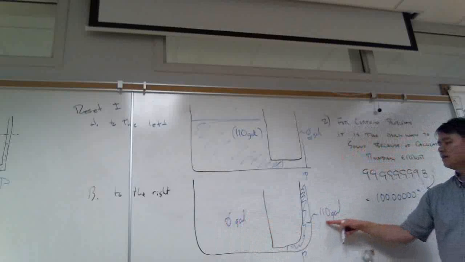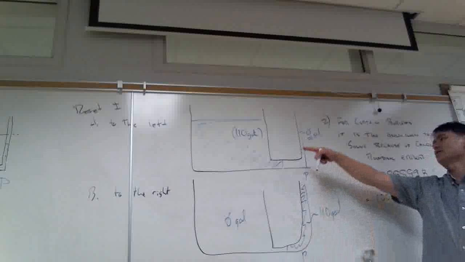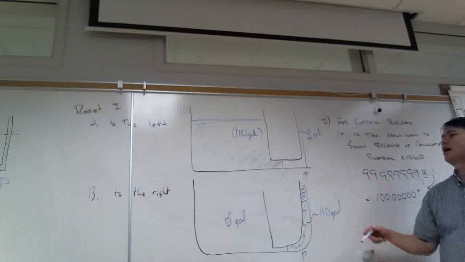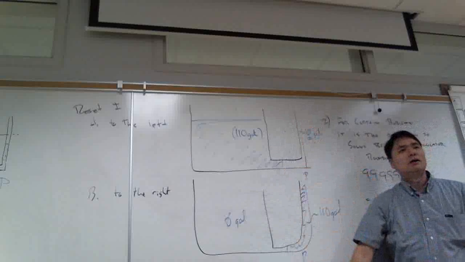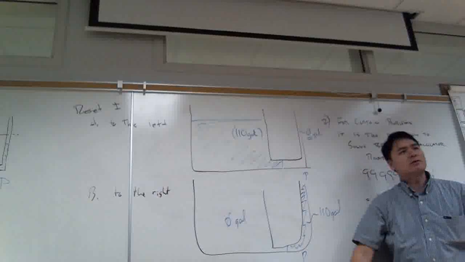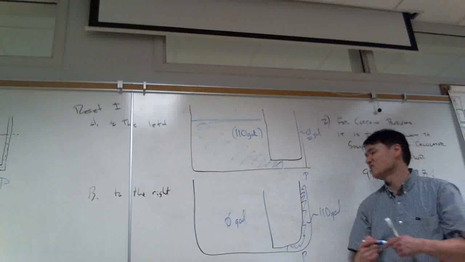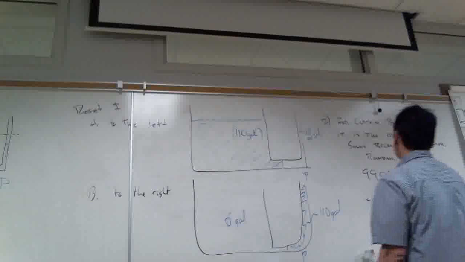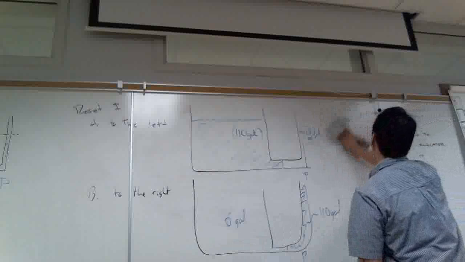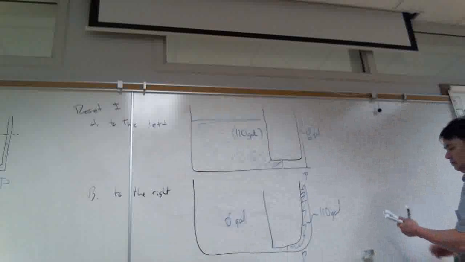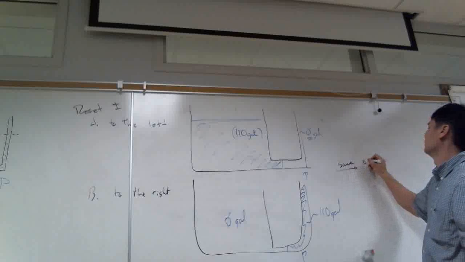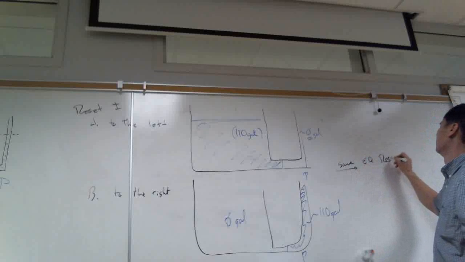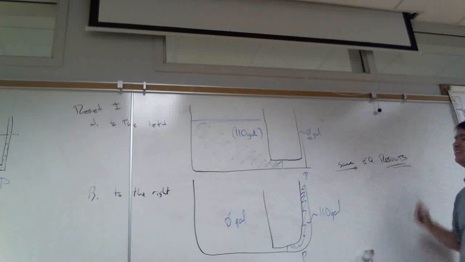So if I have 110 gallons over here, 0 gallons there, or 110 gallons on the left, 0 gallons on the right, when I open this and let the water flow, will it reach a different equilibrium or the same equilibrium? It will reach the same equilibrium. Either way I approach this, it's going to be the same equilibrium. The same equilibrium results.